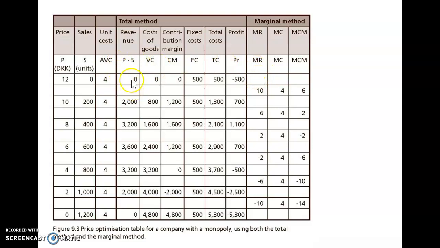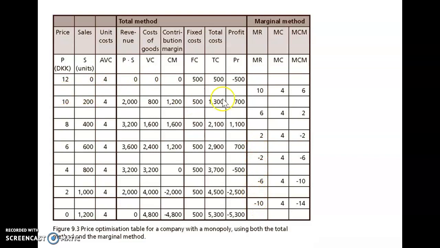You have here the increase in revenue, and you should divide by the increase in number of units sold. So here you have an increase of 2000 divided by an increase of 200. It is 10, and you can see the 10 here. And then you have here an increase in revenue of 1200 divided by the increase in sales, 200. So 1200 divided by 200 units, it's 6. And then you can calculate this the whole way through.